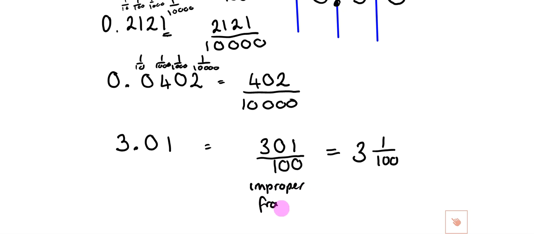The other one would be proper. This one's called a mixed number because it's got a whole bit and a fraction bit. Okay, so we've dealt with terminating decimals. They're quite easy, right? Just using the place value.